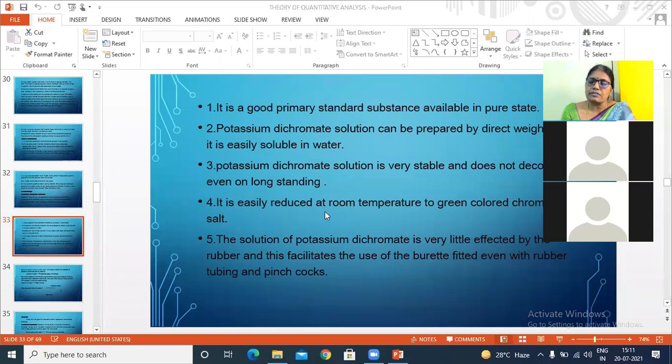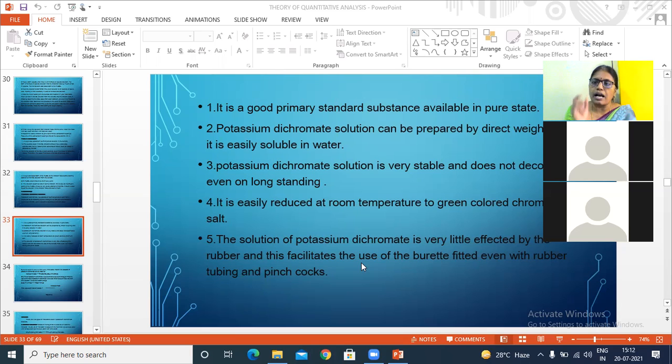In the precautions we have to take when performing redox titrations with potassium permanganate against ferrous sulfate or oxalic acid or oxalates, yesterday we discussed some important precautions. Out of that, one important thing to remember is that we are not supposed to use rubber or plastic corks for a burette.